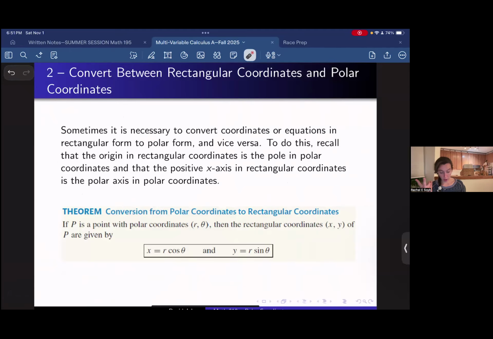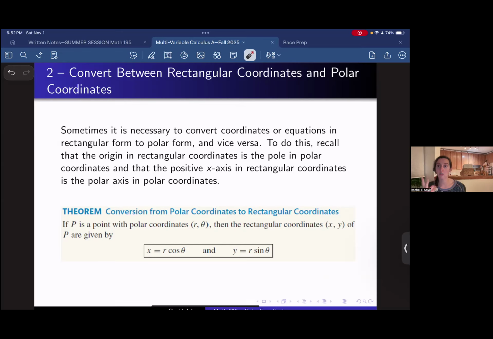Right, our second objective, we are going to practice converting between rectangular coordinates and polar coordinates. And so we have the conversion down here. This is just a comment saying that sometimes it's necessary to convert coordinates or equations from rectangular to polar form and then vice versa.